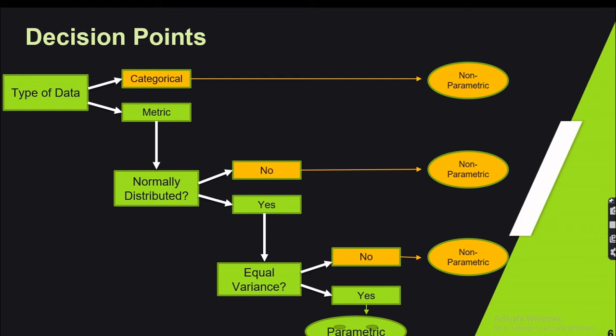But if we confirm that our data set meets the metric data condition and the normality condition, and it also has the homogeneity of variance assumption, then we can confidently say that we can use a parametric test.